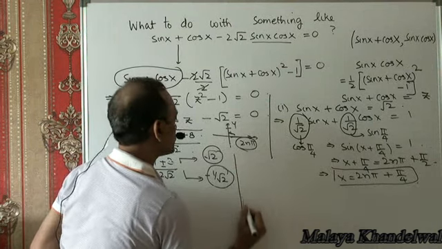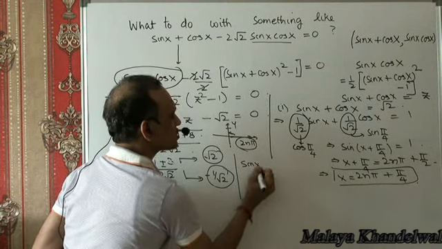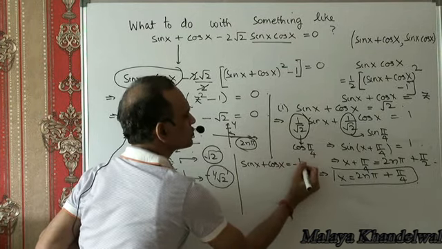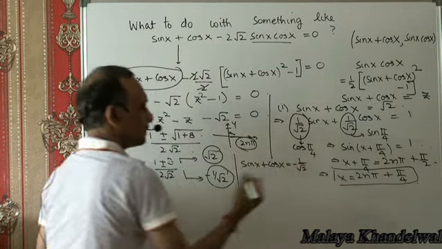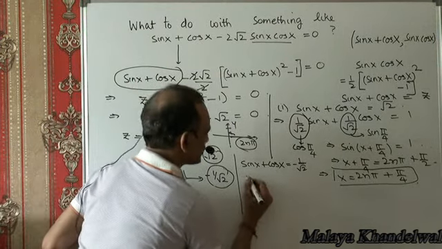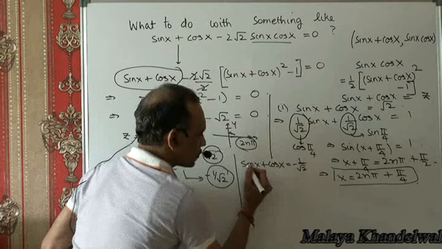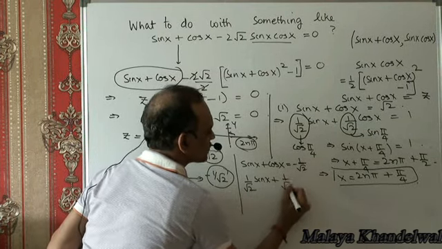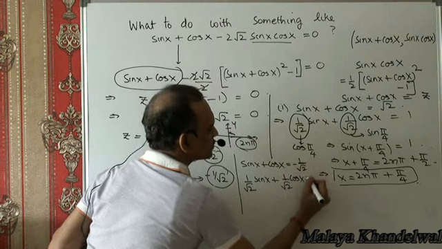And then I could have had sin x plus cos x equal to minus 1 by root 2. Again, I divide by root 2 both sides, so I get 1 by root 2 sin x plus 1 by root 2 cos x equal to minus half.